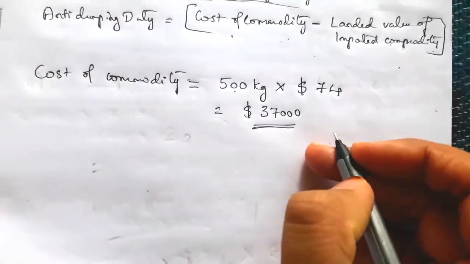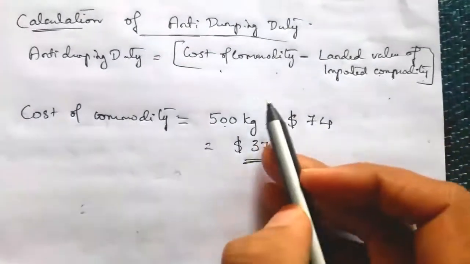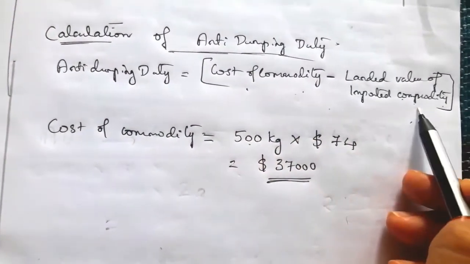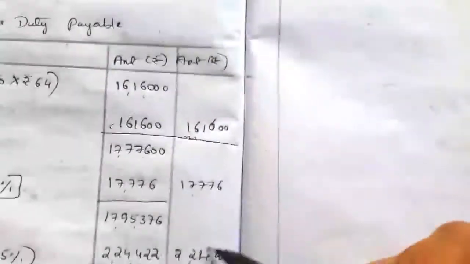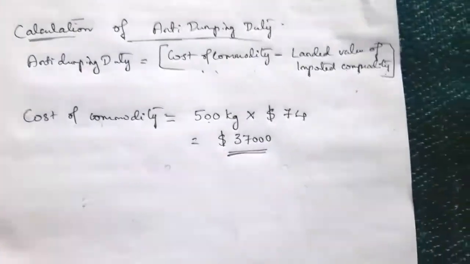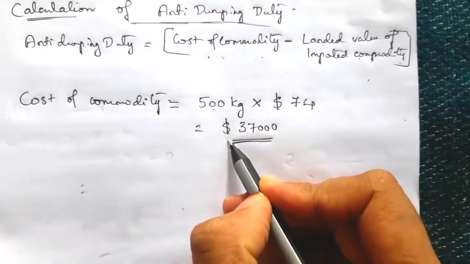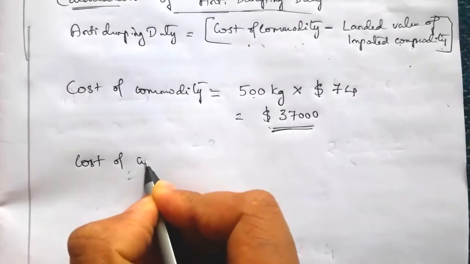So here we have to convert the cost of commodity into rupee, because the landed value of imported commodity is in the form of rupee. Even the cost of commodity we have to take in the form of rupee. This is in the form of dollar. Now we'll convert it into rupee.